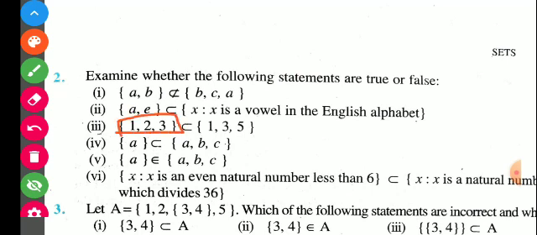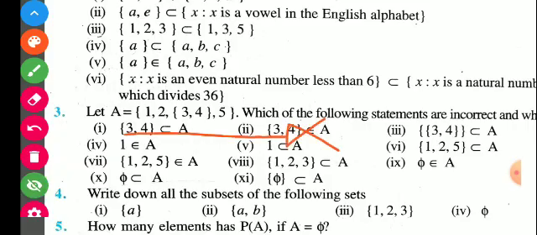Here 1 2 3 we have, but here we don't have 1 2 3. At least these elements should be there. 1 2 3 should be in this set, but it is not there. So we can say that it is not a subset. This statement is false.